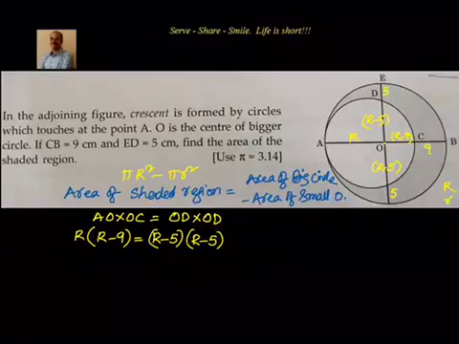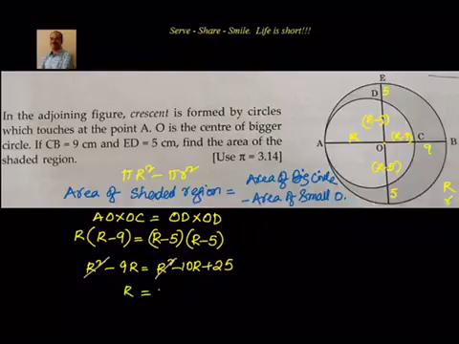Now simplify this, we will have R square minus 9R is equal to R square minus 10R plus 25. Now we can cancel R square on both the sides. So we will have 10R minus 9R, that is R equal to 25. So we found out capital R.